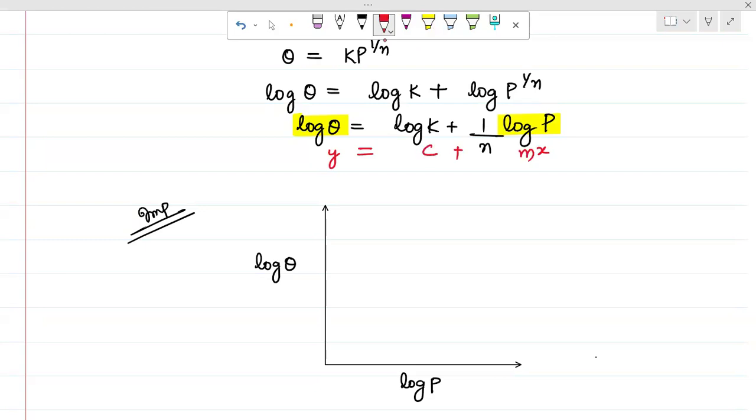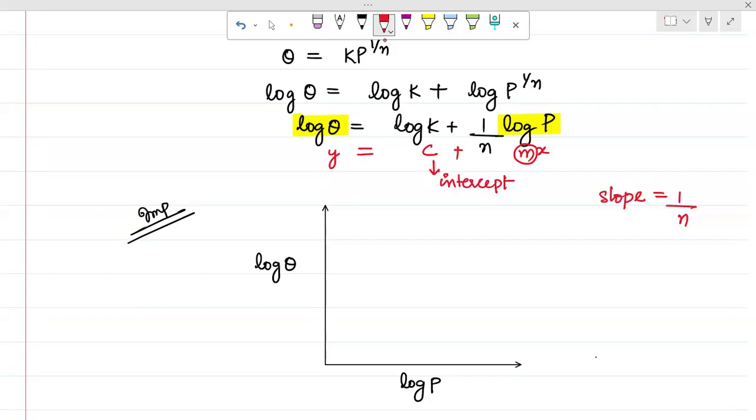So of course, the slope of this line of log theta versus log p is going to be equal to 1 by n because that is associated with x. M is the slope, so slope is equal to 1 by n. Now about the intercept, c is the intercept, and it depends upon the value of log k, which depends upon the value of k.